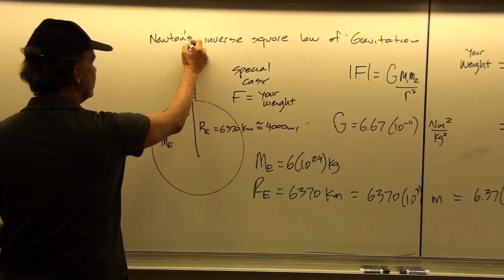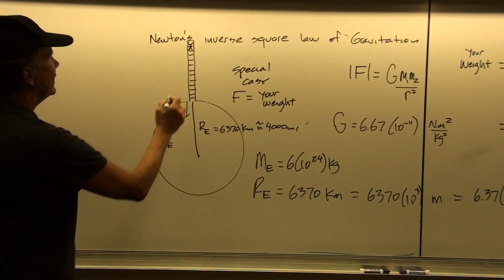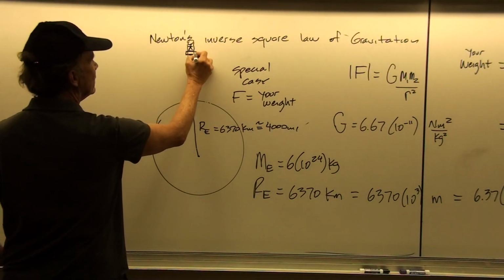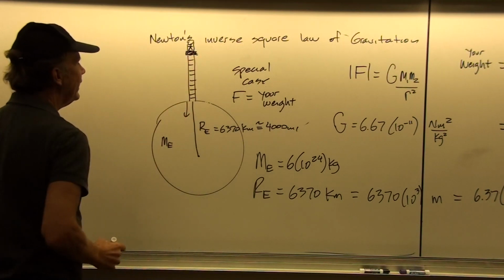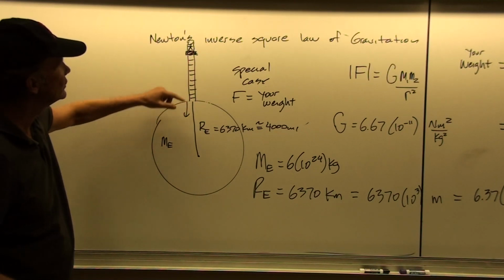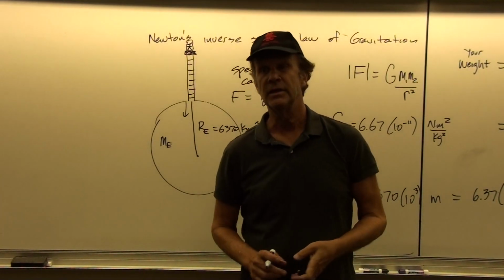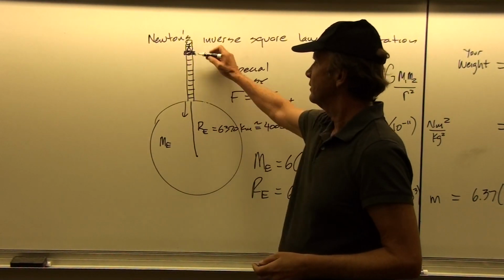So if you climbed another 4,000 miles and then stood up on the ladder and stood on a scale here, your weight would only be 1/4 of your weight on the surface of the Earth, because you'd be twice as far away from the center of the Earth at that point.